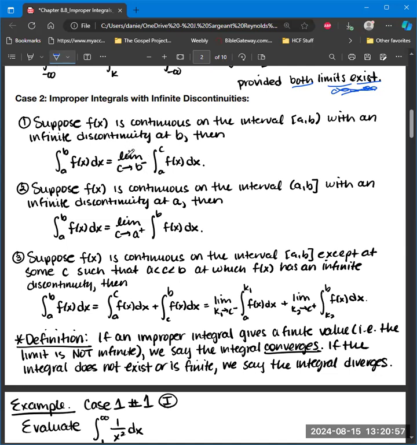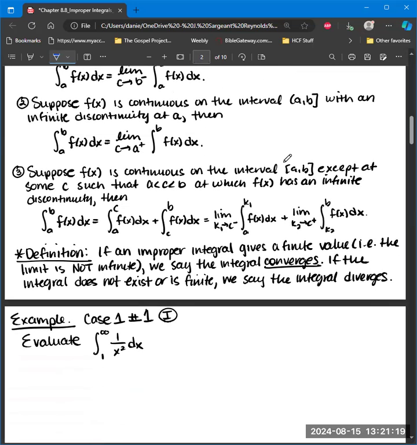So I'm going to make that clear by putting a dummy variable in place of that number and saying the limit as that dummy variable approaches that number from the left, a one-sided limit. And if that limit exists, then the integral converges. But if that limit does not exist, then the integral diverges.